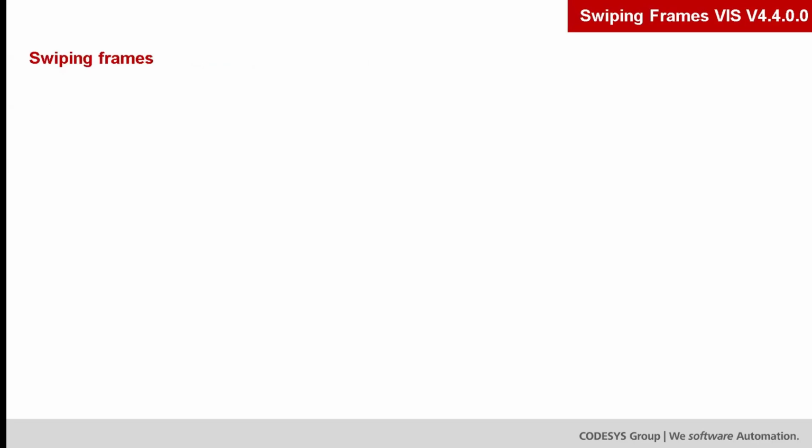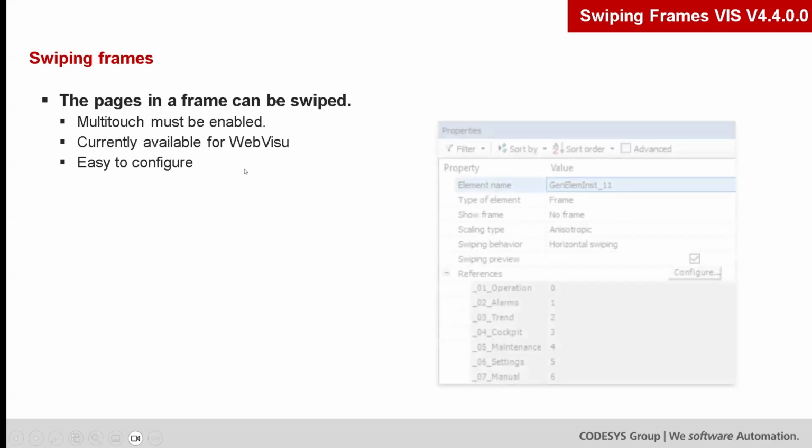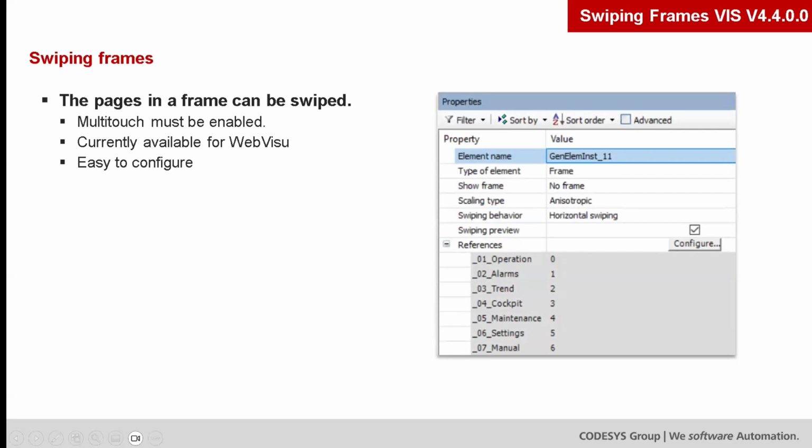The next topic is swiping frames. With the version Visualization 4.4, we introduced this feature. The pages in a frame can be swiped. For that, multi-touch must be enabled. Currently, this feature is only available for the web visualization, and it is easy to configure.